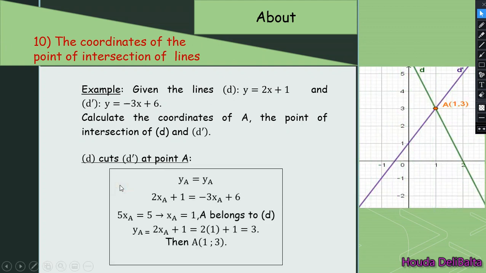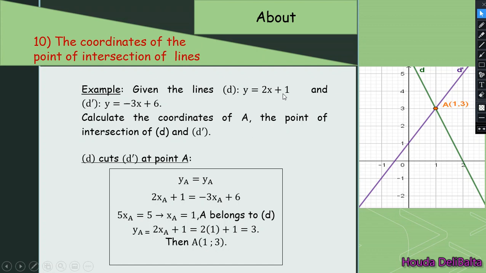Now, how can we solve this? We just put y equals y. It's a very, very easy way. So line D is like y equals something, and line D prime is y equals something too. So we just put y equals y. We can put it y equals y or ya equals ya, whatever.